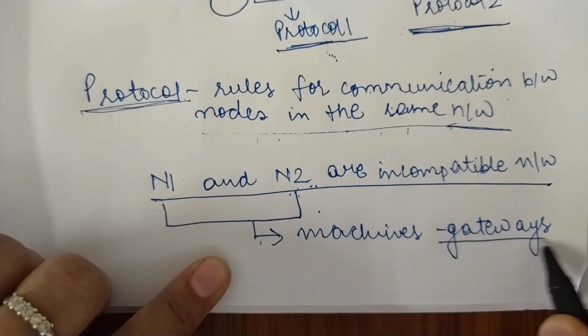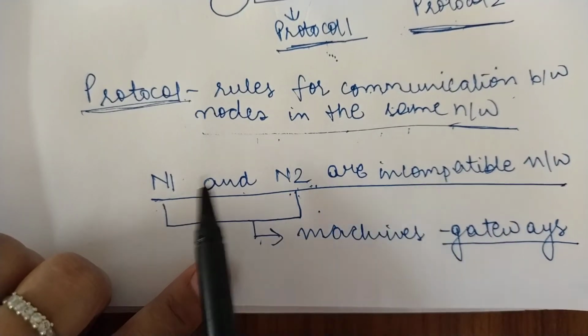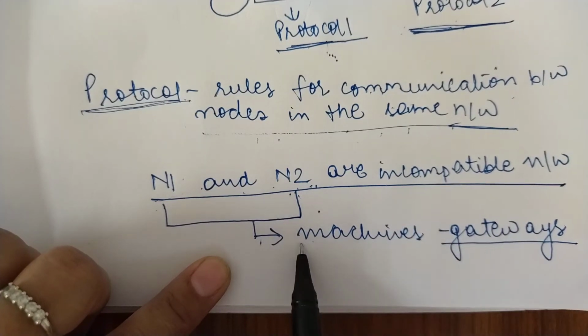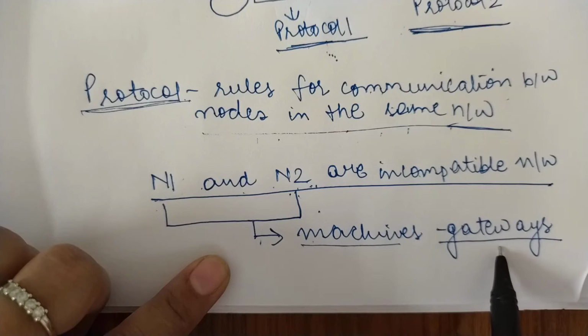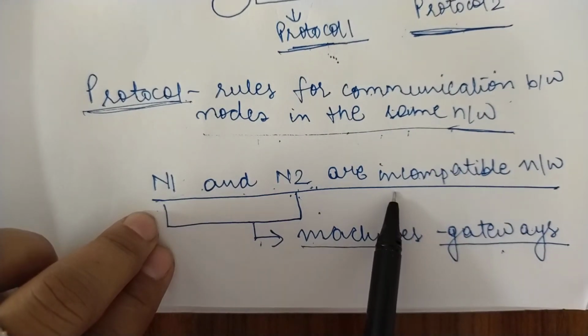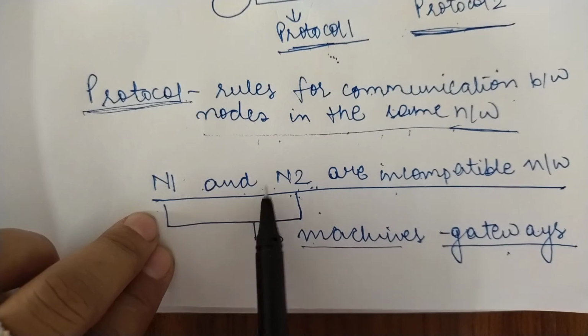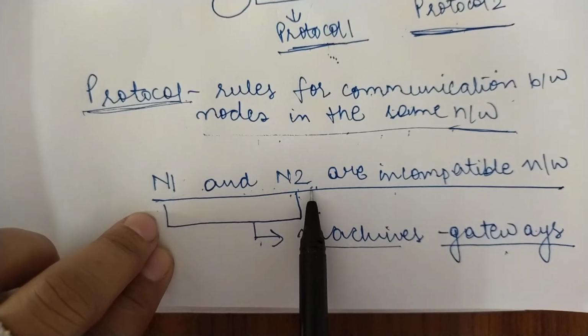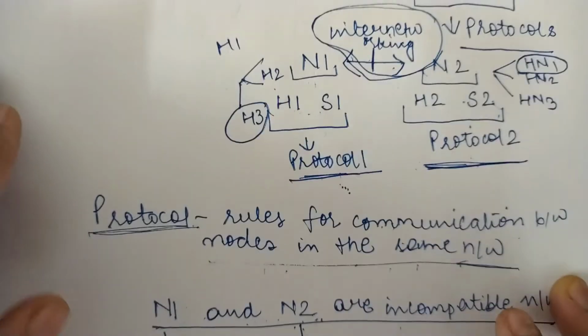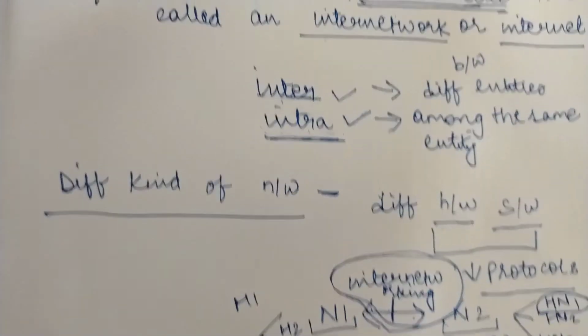So the two incompatible networks are connected with each other with the help of machines known as gateways. So what are gateways doing here? Gateways are doing the task of connecting two incompatible or two different networks. All right, now we'll proceed further with this only.